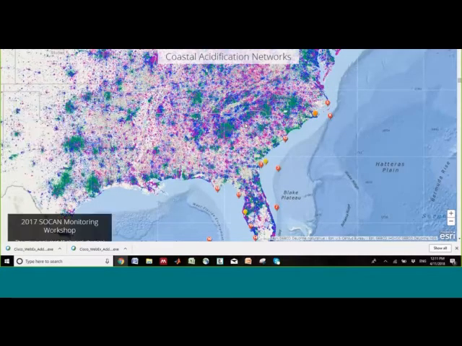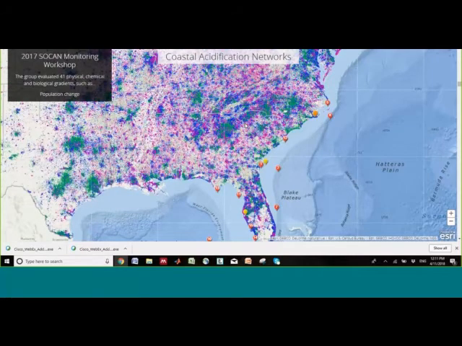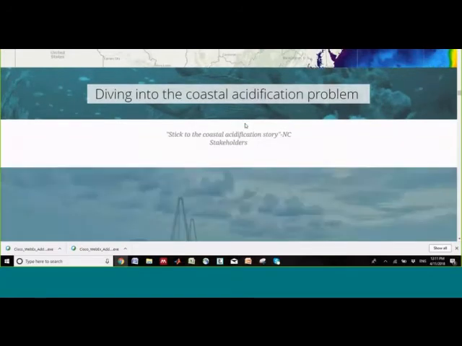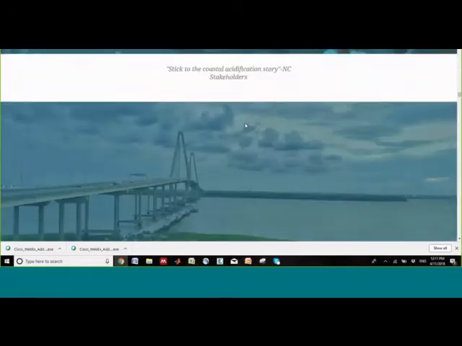So I'm going to be talking a little bit about some of the coastal drivers and how coastal and ocean acidification has now been segregated into two separate problems.